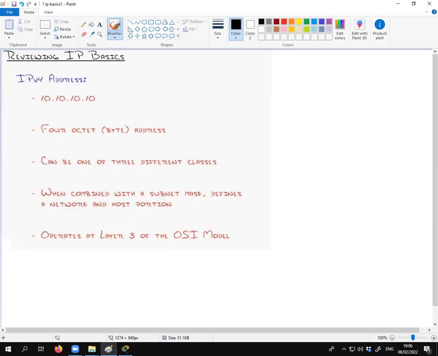Yeah. Okay, cool. So an IP address operates at layer 3 of the OSI model. We talked about the 7 different layers: application, presentation, session, transport, network, data link, and physical. It provides a logical IP address for devices to communicate with each other. Networking is all about communication.